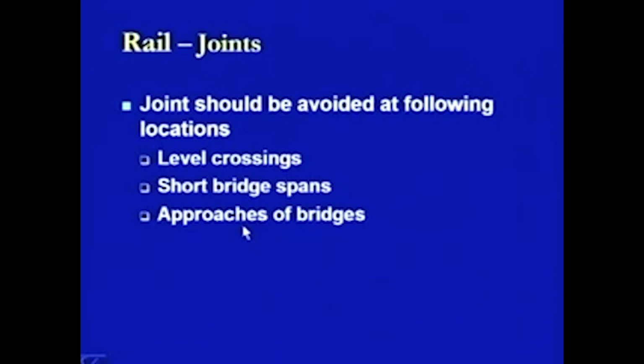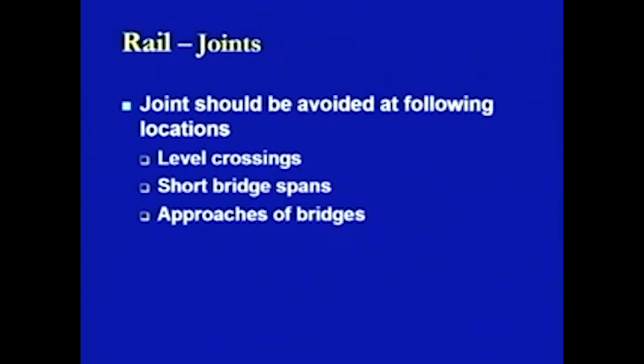The reason is that if the joints are provided at the bridge level in the case of short bridge spans, then whatever stresses are induced because of the impact at that position due to the rolling stock may create some defects in the bridges.